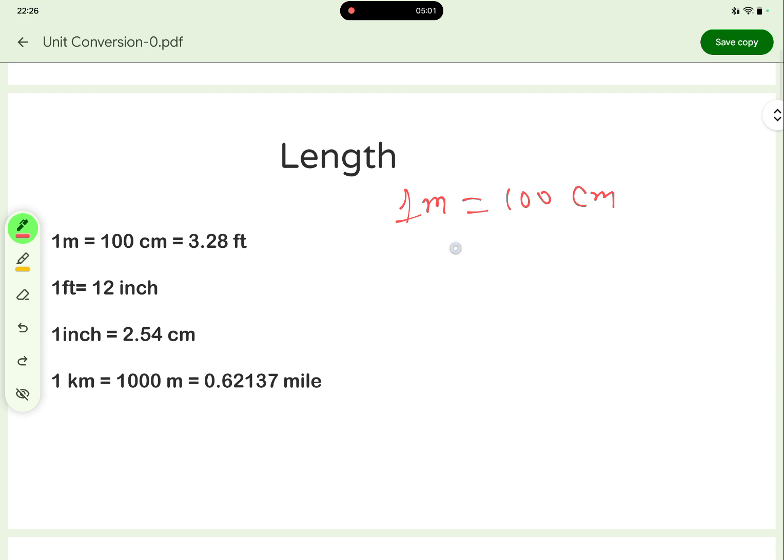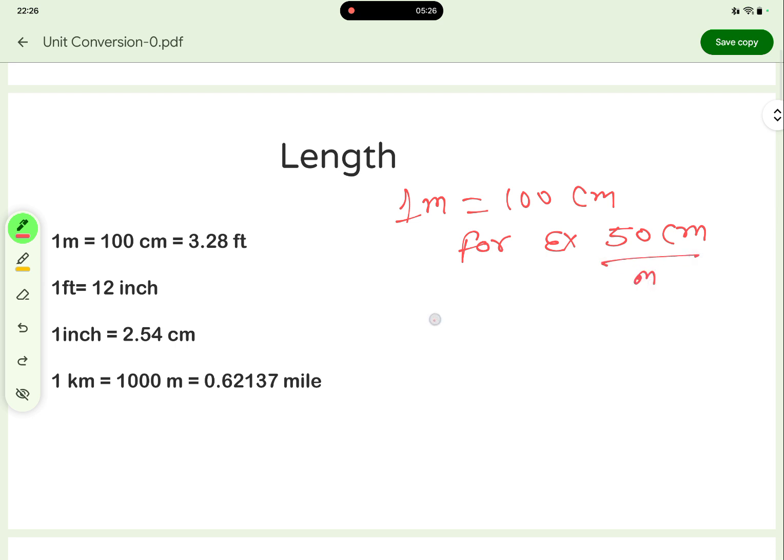For an example, I have 50 centimeters. Now I have to convert it into meters. As I told you, when you are going from the higher unit to the lower unit, you simply multiply. Now you are going to convert centimeters into meters, so I have to divide.